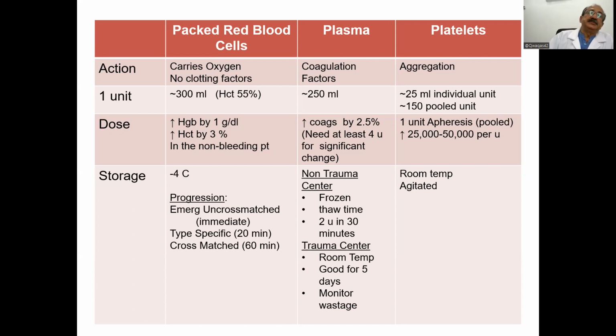What are the choices if you have to give blood? There are 3 things: packed red blood cells, plasma, and platelets. Packed cells carry the oxygen, plasma has the coagulation factors, and platelets are a concentrate of platelets. One unit of packed cells contains about 300 ml of total volume, and it increases hemoglobin by 1 gram and hematocrit by 3%. Plasma increases coagulation as a whole by 2.5%, and platelets increase 25,000 to 50,000 per unit.